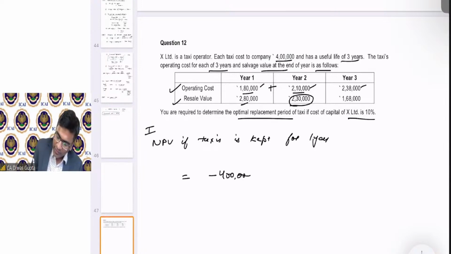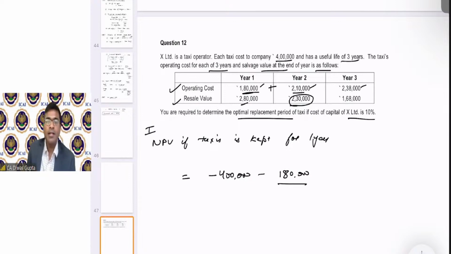Initial 4 lakh will be an outflow. This is the year zero cost. And 1,80,000 will be incurred as an operating cost. But that will be at the year end. So we will discount it by the discounting rate. I am putting a minus because again, it is a cash outflow. 1 plus 10%. Correct. And there is a resale value of 2,80,000 that will be realized. So I will add 2,80,000.